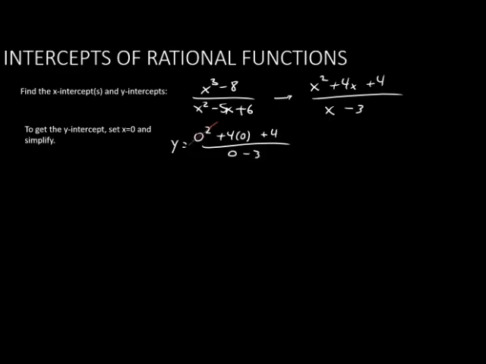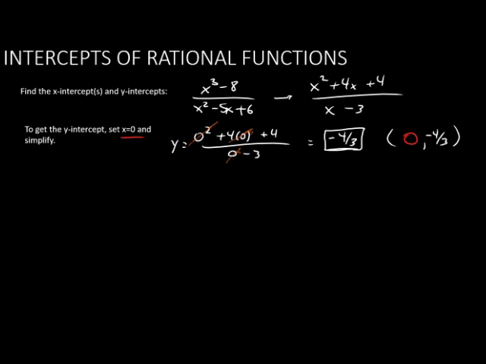Most of our terms will drop out. This leaves us with only 4 over negative 3, and if we divide, we can write this as negative 4/3. This means our y-intercept will be 0, negative 4/3, bearing in mind that we set x equal to 0, therefore x must stay 0, but y will be negative 4/3.